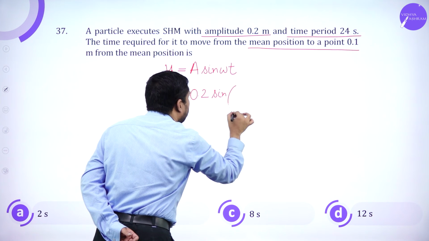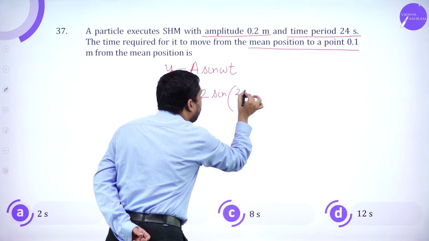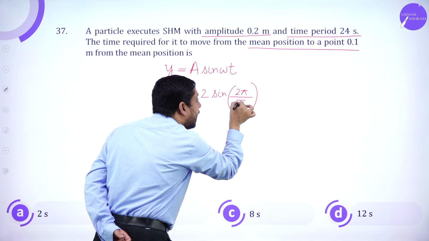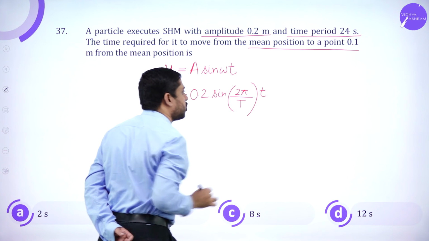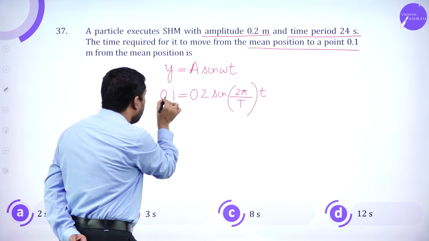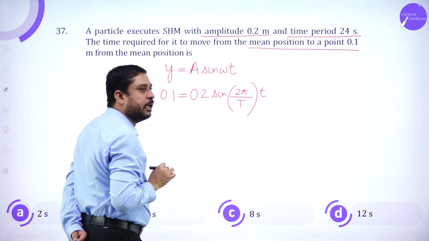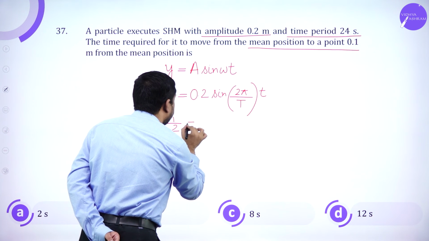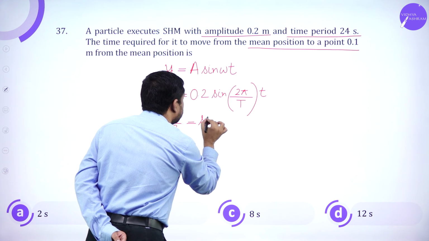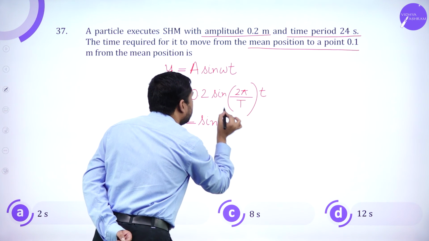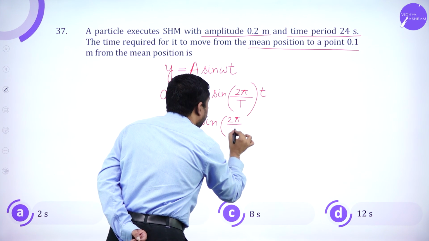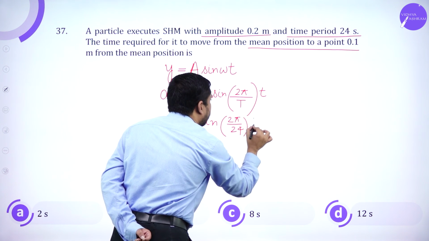I can write this omega as 2 pi by capital T, time period of oscillations. 0.1 divided by 0.2, half, equals sin of 2 pi by 24 into t.